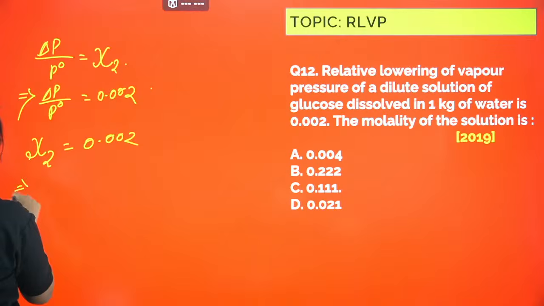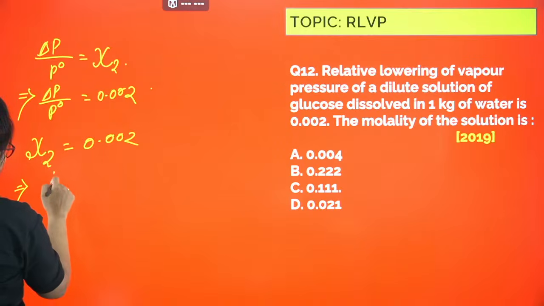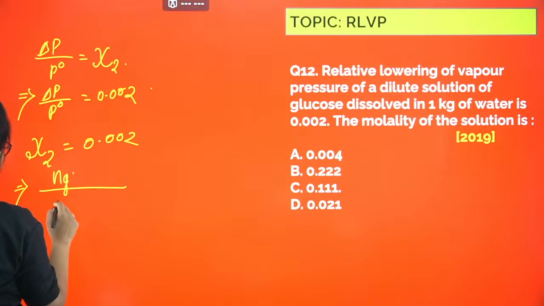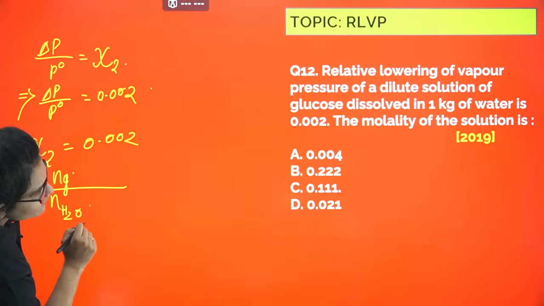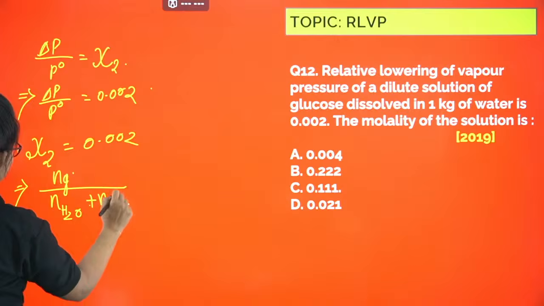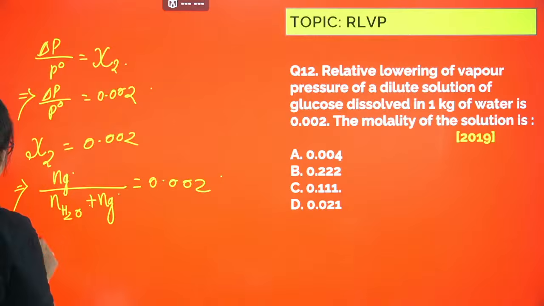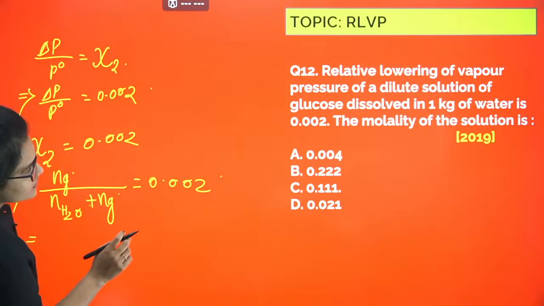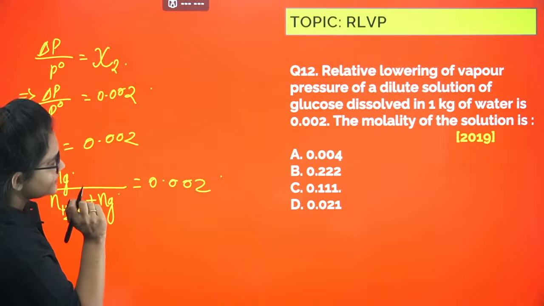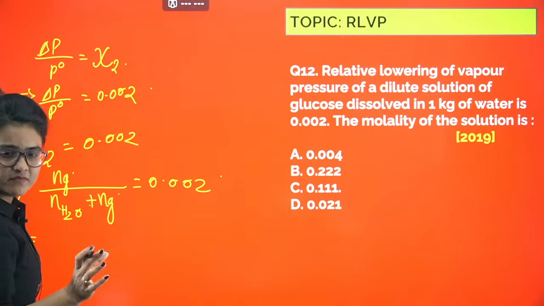So the mole fraction of glucose, the number of moles of glucose divided by the number of moles of water plus the number of moles of glucose, is going to be 0.002. Here again I will use the approximation, because 1 kg of water means 1000 grams, and 1000 divided by 18 is 55.55.